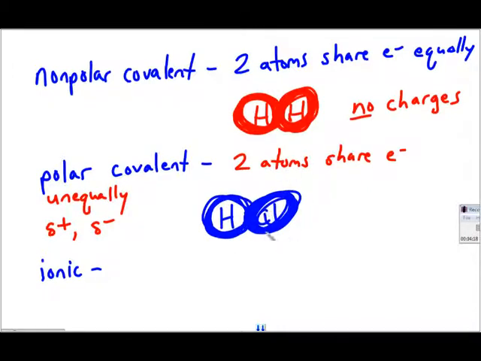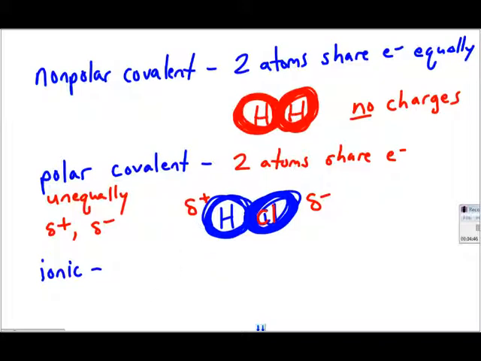They're spending more time around chlorine. Let me highlight this in red so we can see. Chlorine is assigned the partially negative charge because those negative electrons are spending more time around it. More times than not, it's negatively charged. And hydrogen, which is having its electron pulled away from it, becomes less negative, so it actually has a partially positive charge.